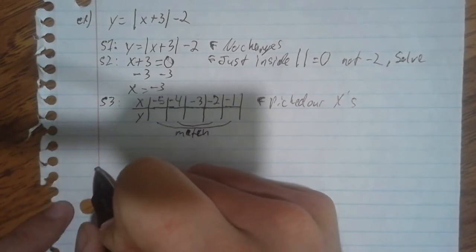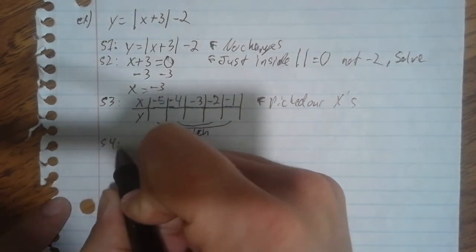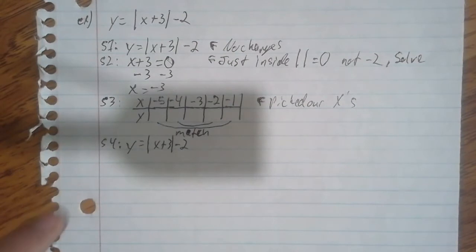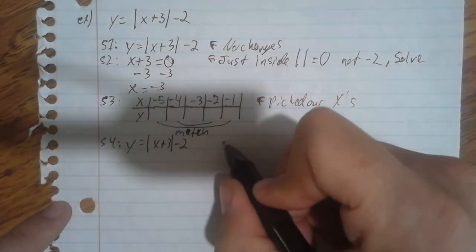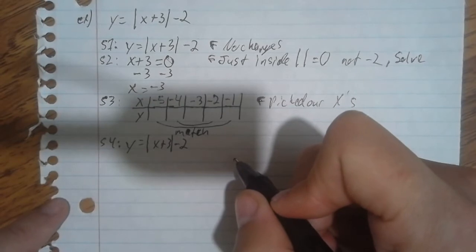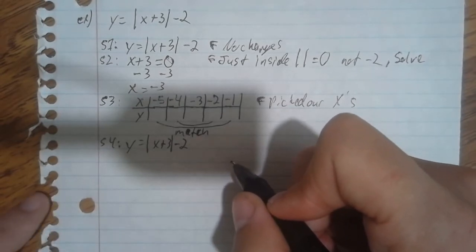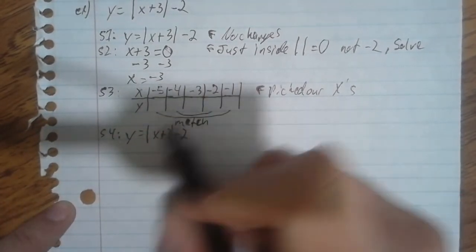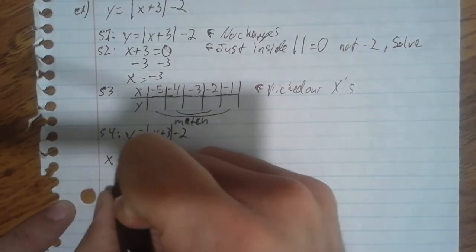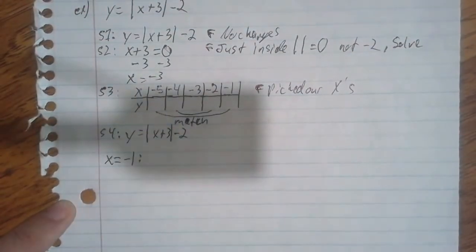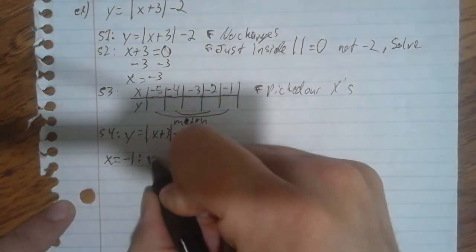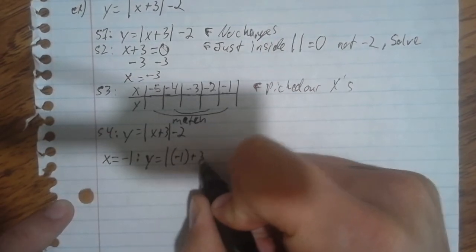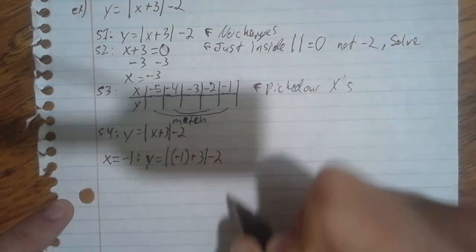Okay, and then step 4. Just to remind ourselves, it's y equals absolute value of x plus 3 minus 2. We can't forget the minus 2. We are going to now find our y's. So starting with, and you can pick either one of these. So I'm going to do the x minus 1 because that's a smaller number. So x equals -1. So I'm going to say y equals absolute value of -1 plus 3 minus 2.